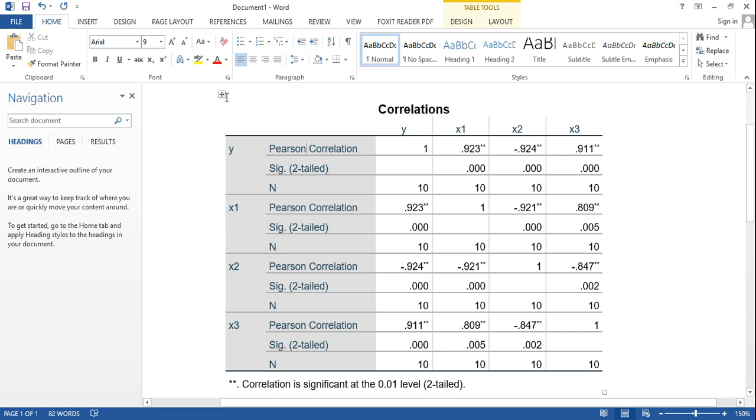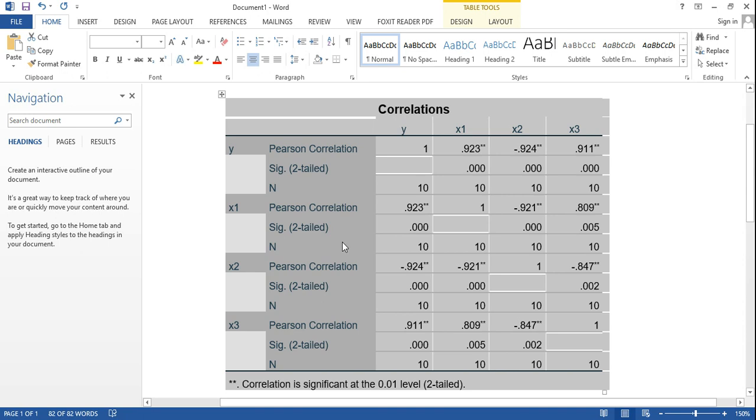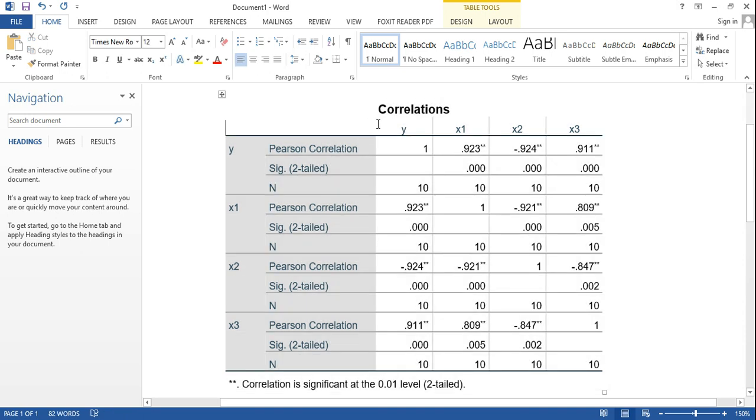And this table is a cross-section table, because you will find all the variables are arranged horizontally and vertically. So let's interpret this table.